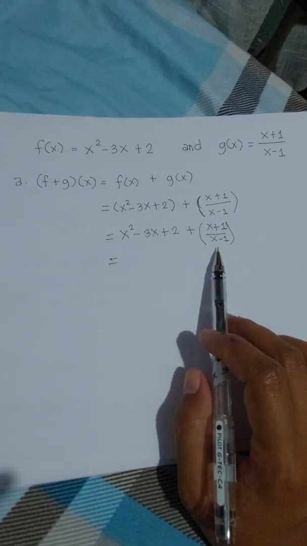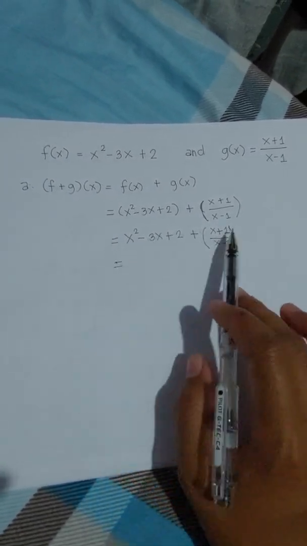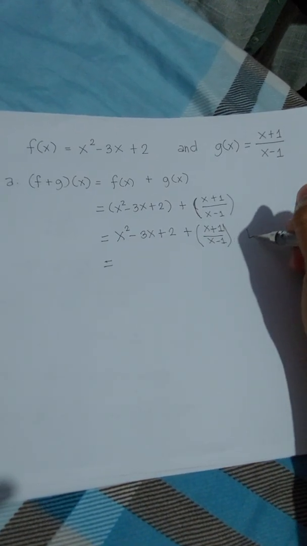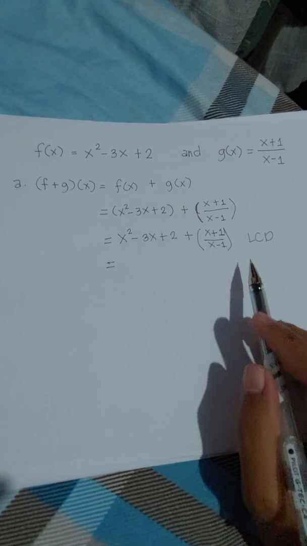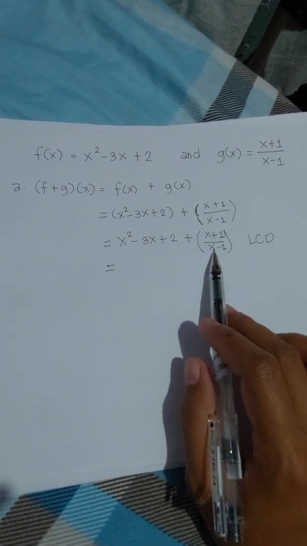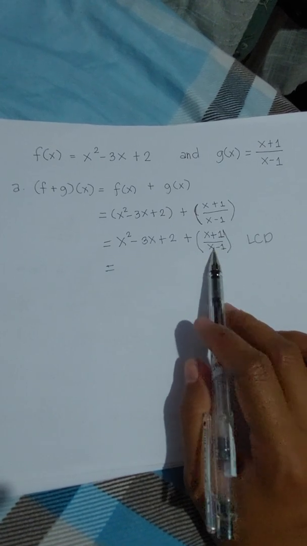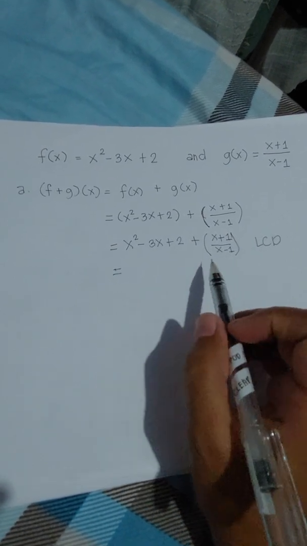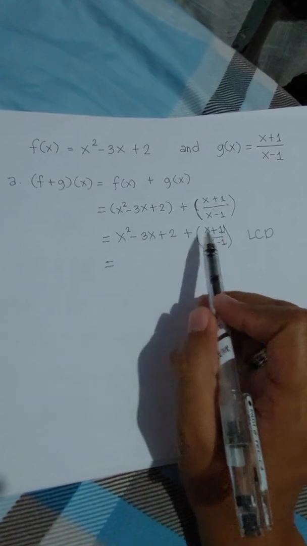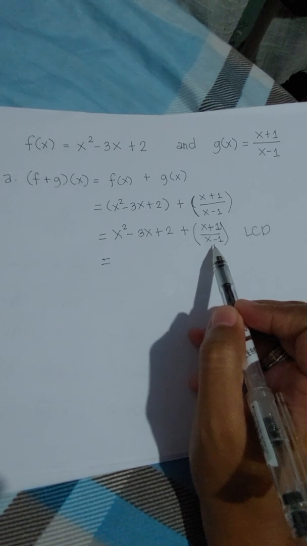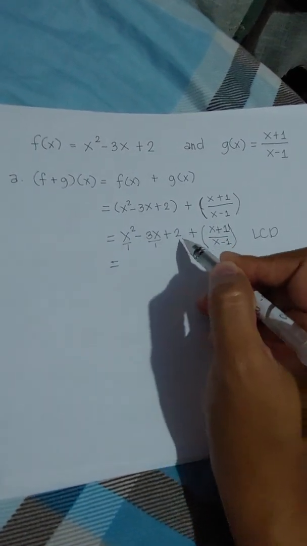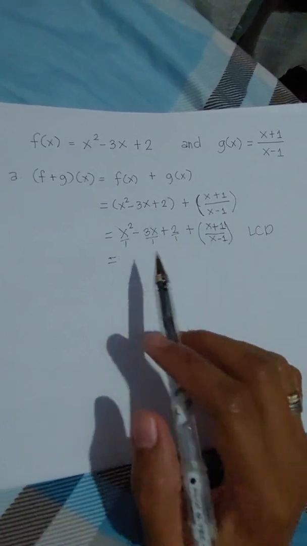Remember that in order for you to combine all of this, we need to find first the LCD, since we have a term here that has a denominator. Among the 4 terms, 1, 2, 3, 4, only one has a denominator. Therefore, we assume that all of the others have a denominator of 1.